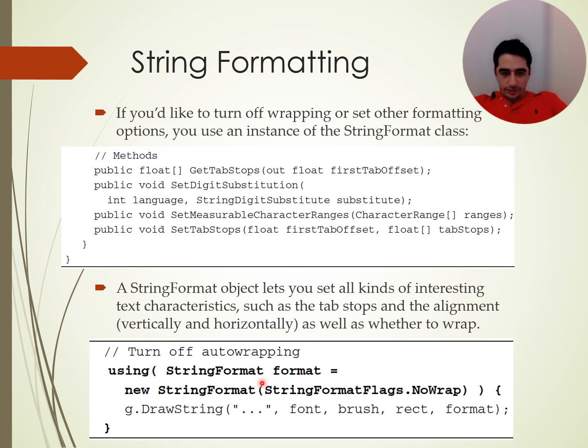You need to first create an instance of this StringFormat class, and then pass a parameter to its constructor. For example, set its string format flags to no wrap. And then you can pass this format as one of the input parameters of DrawString when you're drawing something, and that will basically turn off the auto wrapping for the DrawString method.